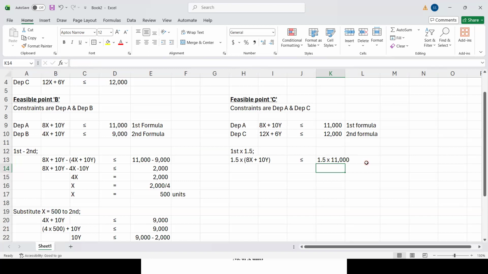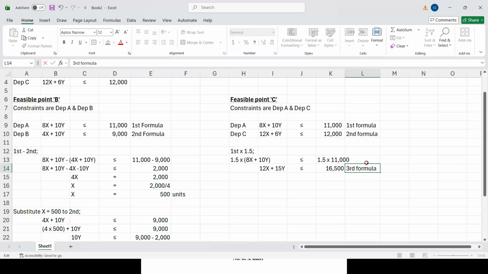Correct? Right. So 1.5 into 8x, how much? 12x. Then 1.5 into 10y, how much? 15y. It will be 15y equal or less than how much? 16,500. So this will be your third formula.